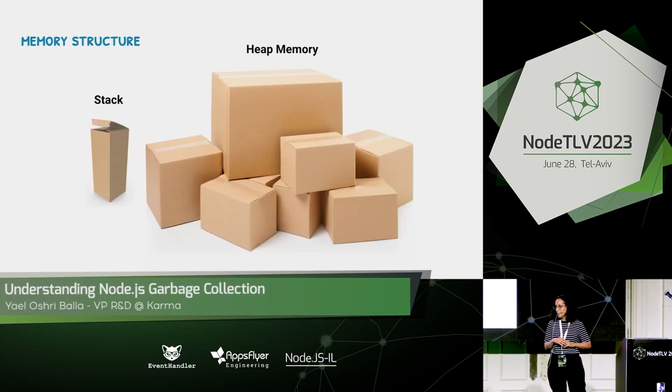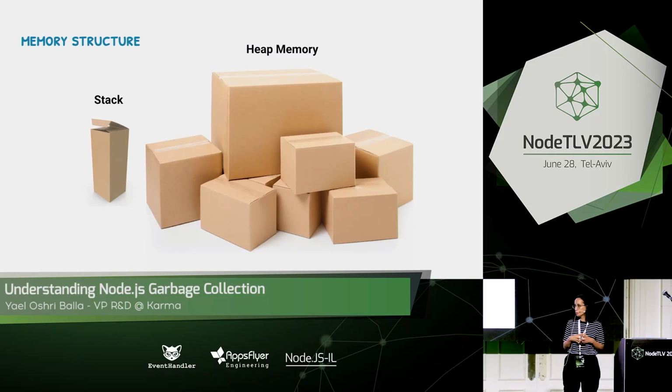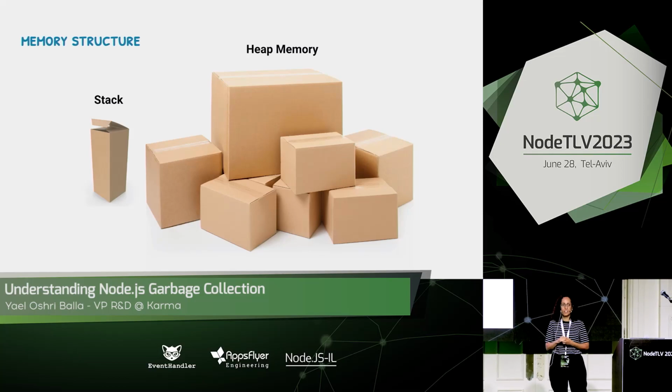When I talk about memory and garbage and allocating objects, where are these objects stored? In general, you can take the memory and divide it into two segments. One segment is the stack, where all the static data is located, the program method call execution, and all the primitive values.